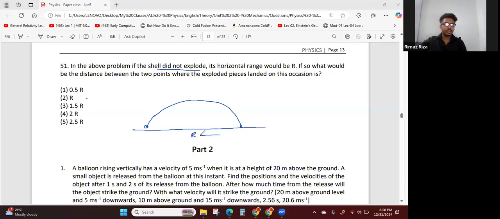If it didn't explode, but here it exploded at the maximum height. But even if it exploded somewhere else, since it exploded into equal masses, it will fall in the same place only. Okay.